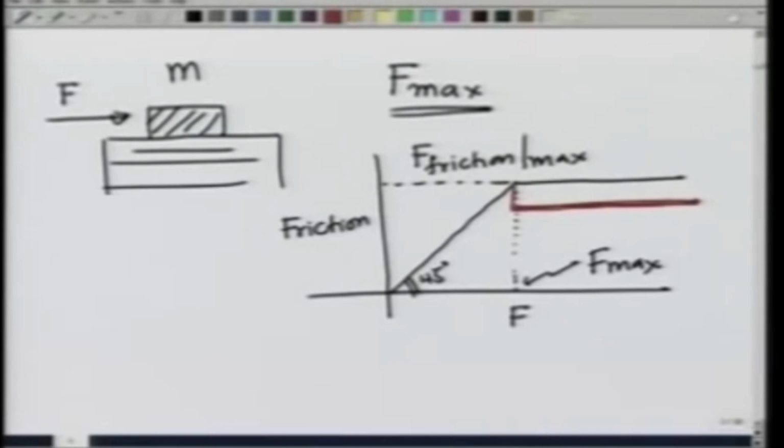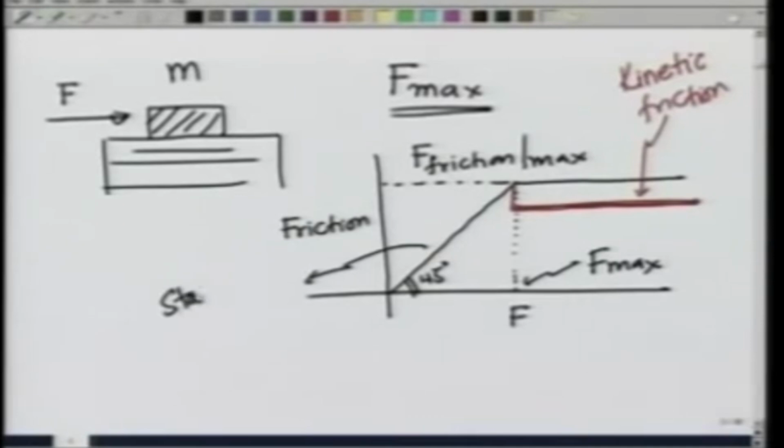So, we call these two regions, this is called kinetic friction, and as long as the body is not moving, that is known as static friction. So, notice that frictional force, when you are applying a force on the body, is not constant. As you keep changing the force, the frictional force keeps changing until you reach a maximum force beyond which it cannot increase, and then the frictional force works at its maximum.